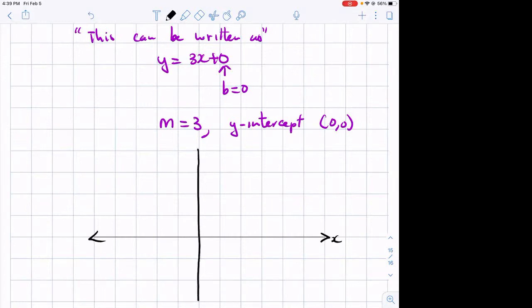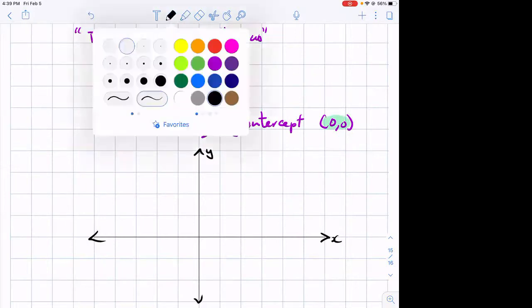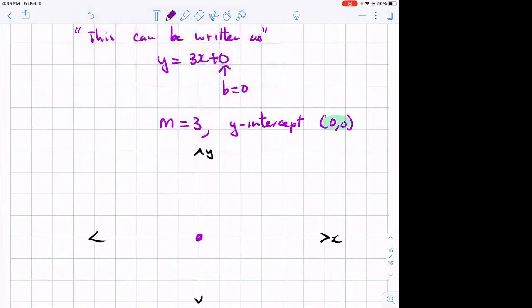using the slope-intercept method that I just showed you, because we have this point here. And I will use m, right? m is equal to 3 over 1. So this is the rise, and this is the run. From this point, I will go 3 units up, 1, 2, 3, and 1 unit to the right.